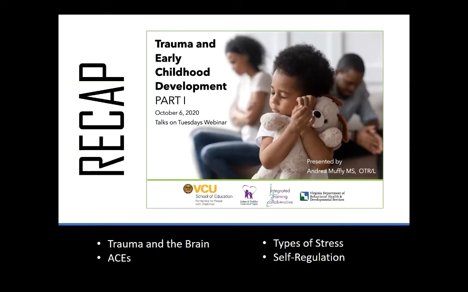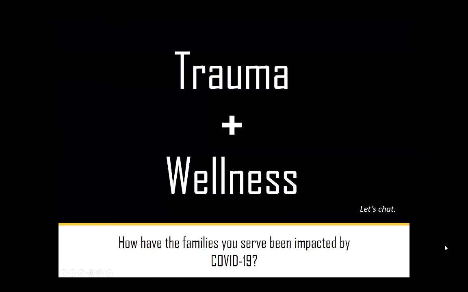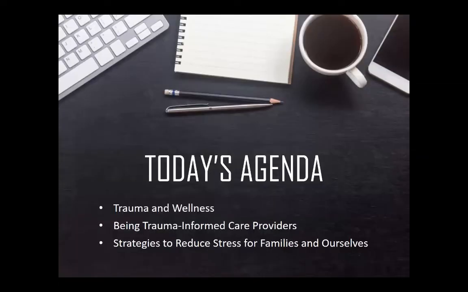Today's talk is going to be even more focused. Today we're going to learn about trauma and wellness, being informed care providers, and specific strategies to reduce stress for our families and ourselves. So I hope you guys all have coffee ready. We're going to move forward and get started.